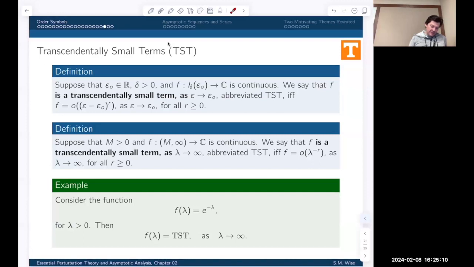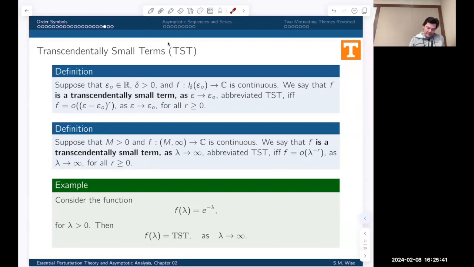We say that f is a transcendentally small term as lambda goes to infinity, abbreviated TST again, if and only if f is little o of lambda to the minus r. Okay, so I kind of call this polynomially small, right? It's polynomially small, but as lambda is getting large, because it's a reciprocal monomial.